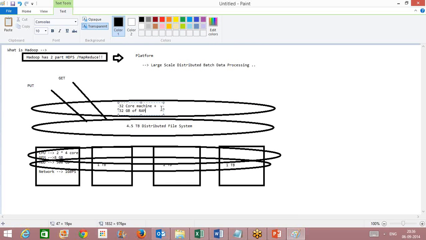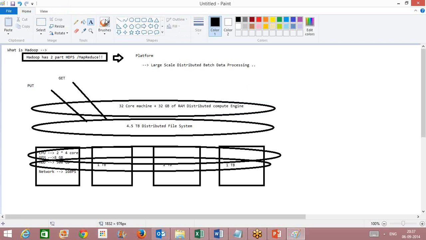So I get a distributed compute engine of this capacity, on which I can say run this job, and it will run the job in any of these machines somehow or the other and give me the output. All I care about is running a job on the machine and getting an output.